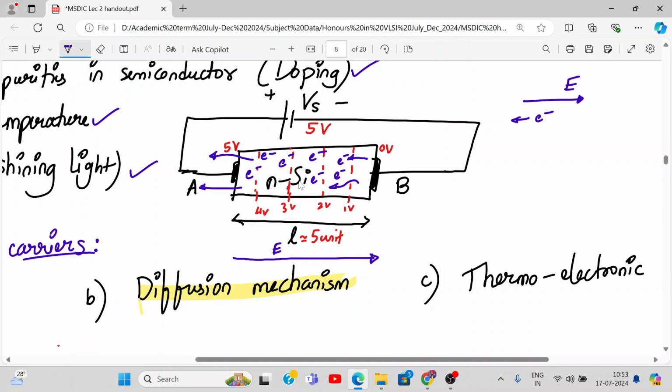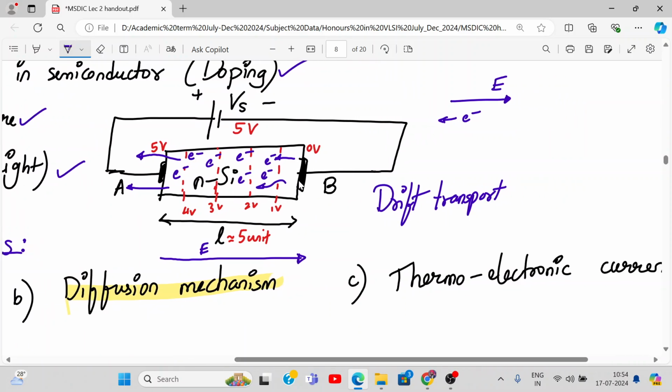As we move along the semiconductor, the potential is varying. When you go from B to A, the potential is rising, and when you go from A to B, the potential is falling. Yes or no? From 5 to 0. Agree? So the means of transport of all these electrons is the drift phenomena, drift transport. You understood now? What is the drift phenomena?